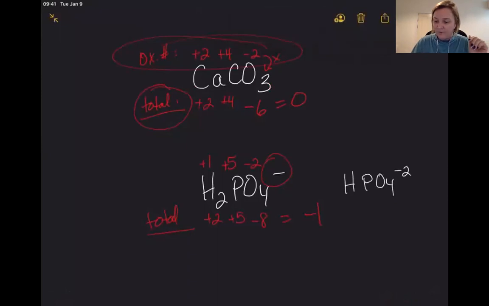Oxygen is -2 times 4 is -8. Hydrogen is +1. There's only one hydrogen atom now, so that's +1. And this time it has to equal -2. So what number +1 minus 8 is equal to -2?